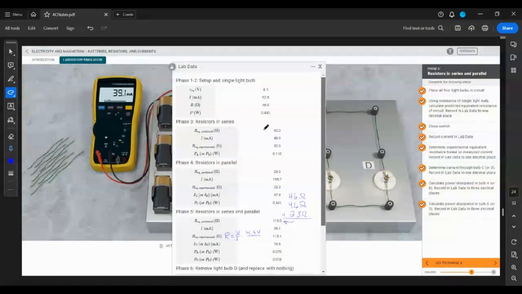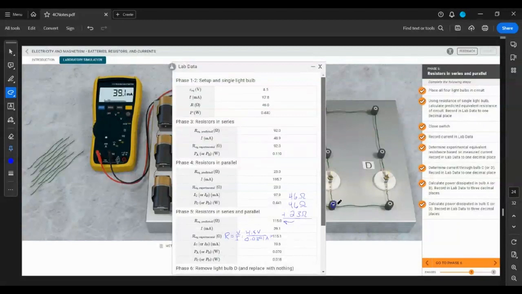Then the current for the whole circuit is 39.1 milliamps, so we need to convert that first: 0.0391 amps. And then that's where we're going to get our resistance, which matches pretty closely, off by around 1% given all of this.